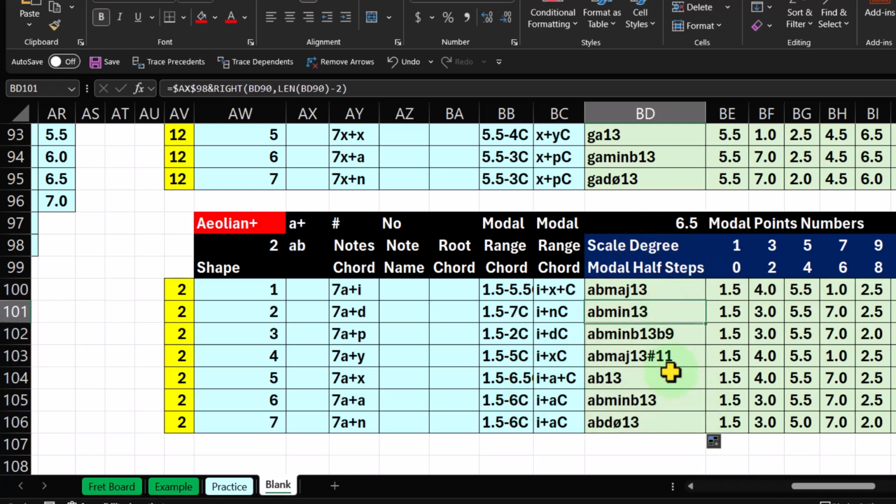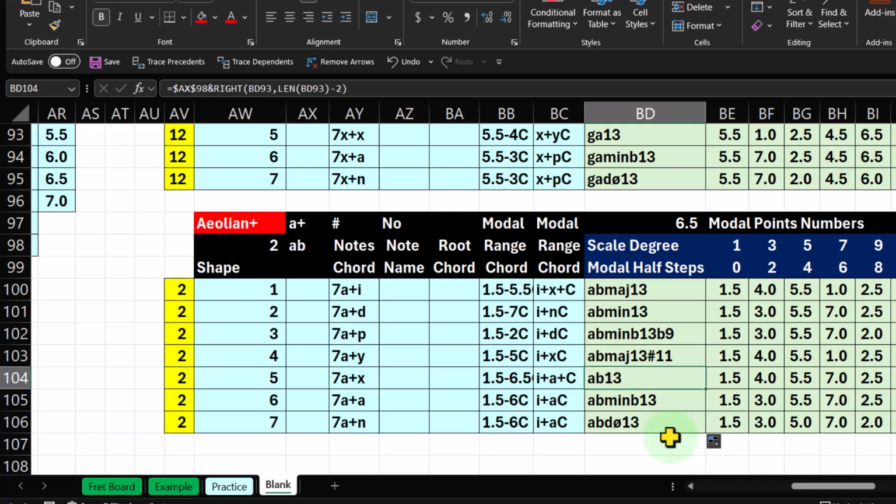So this would be an A sharp or B flat minor 13. A sharp or B flat minor flat 13, flat 9 if it was a Phrygian chord that you're building off of the Aeolian Ocean. Aeolian Ocean Lydian chord would be a 7-note chord, A sharp or B flat major 13 sharp or augmented 11.